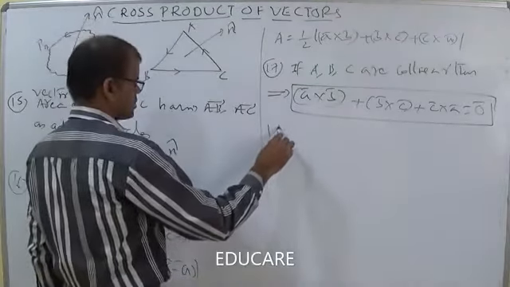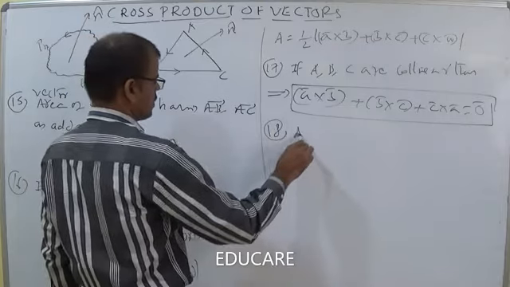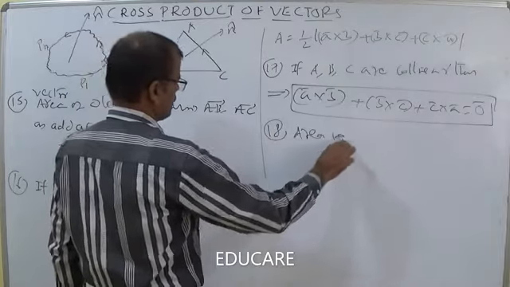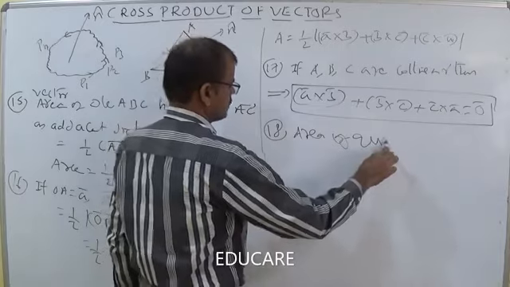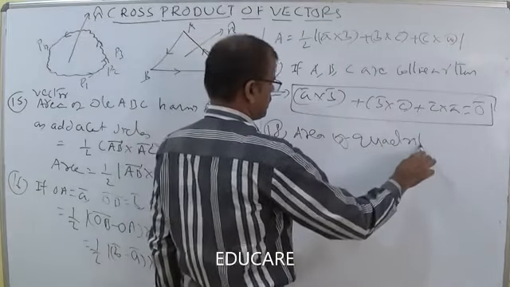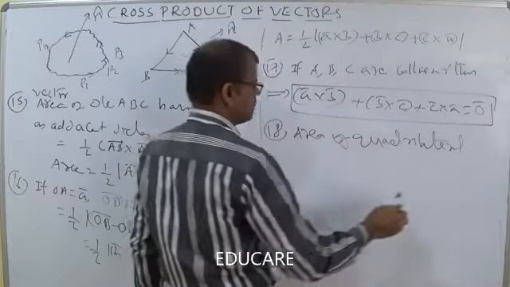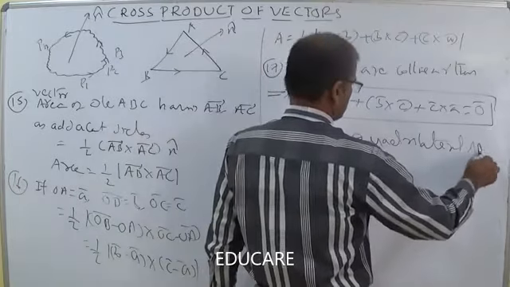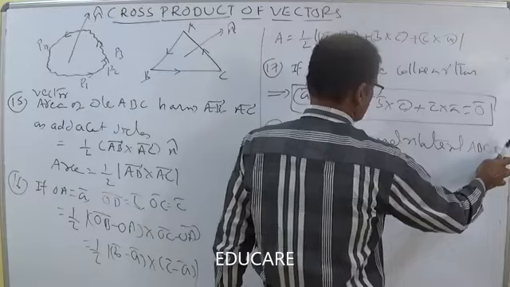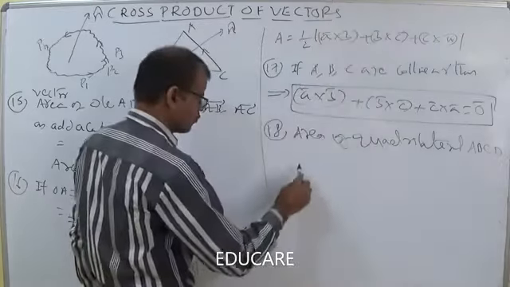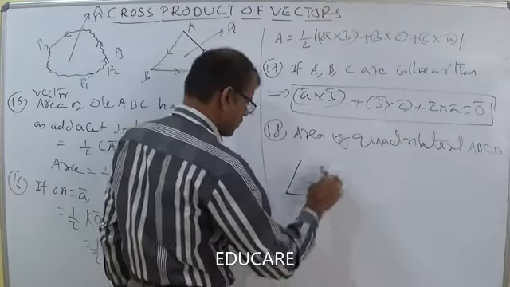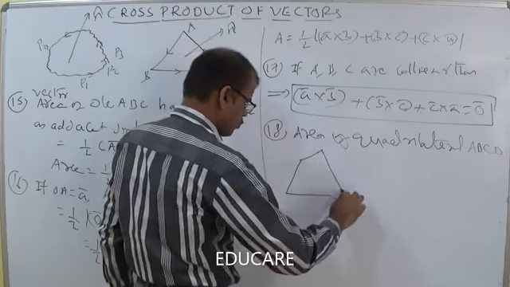18th one. Let us discuss the area of a quadrilateral. Quadrilateral ABCD. A quadrilateral is a closed geometrical figure with 4 sides and 4 vertices.